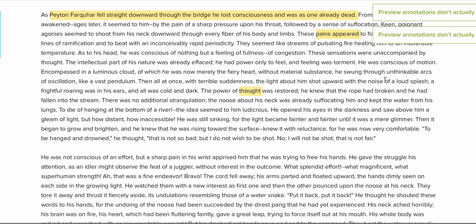Where did he feel the pain? Full description of his body parts, for example his hands, and how he felt because of falling into the water. Then we have the ideas that were happening in his mind.